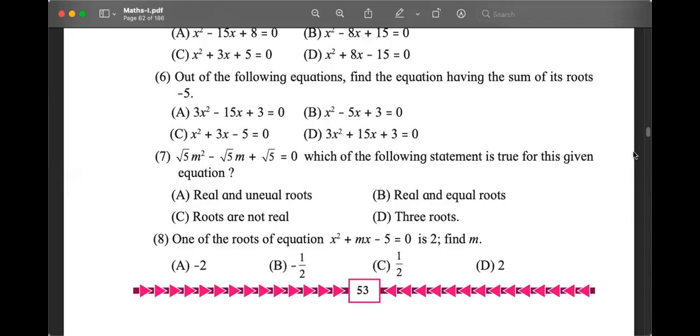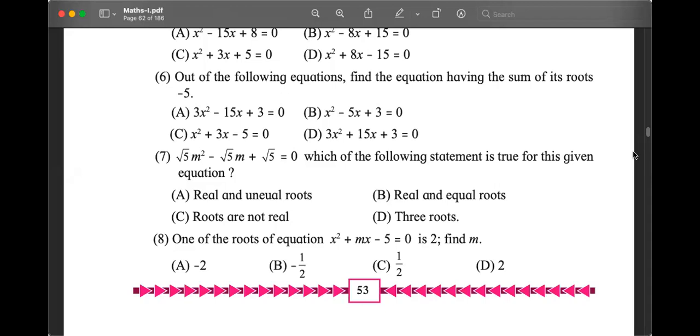Question number 1, part 6. Out of the following equations, so once again, we have 4 equations that are given to us. Find the equation having the sum of its roots as -5. Be very careful with such equations. I will tell you what mistake many students do.